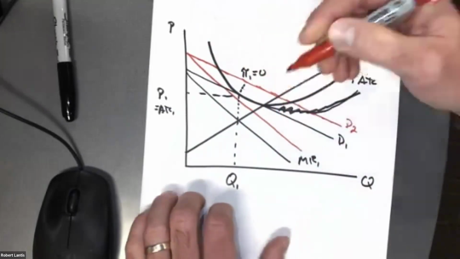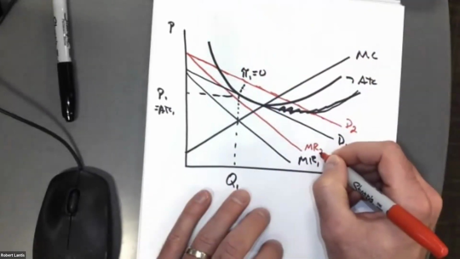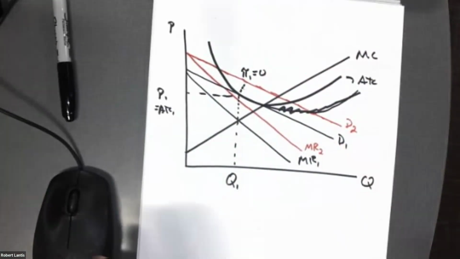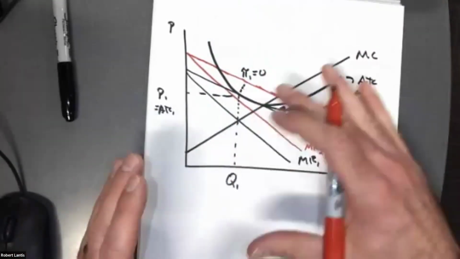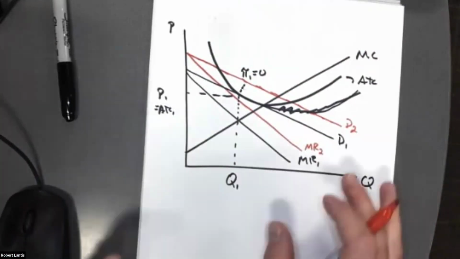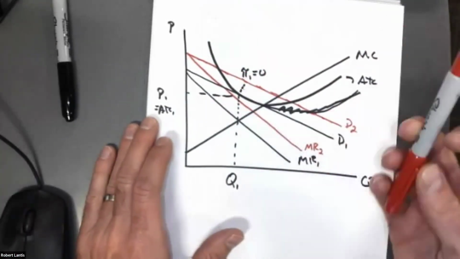However, I've gotten a larger portion of the overall demand curve. Even if I get a larger portion of the overall demand curve, I haven't changed its elasticity. It still has that same slope.